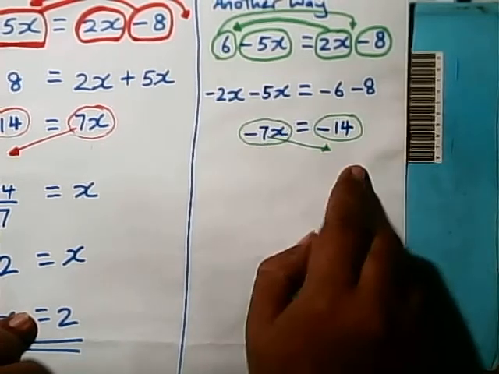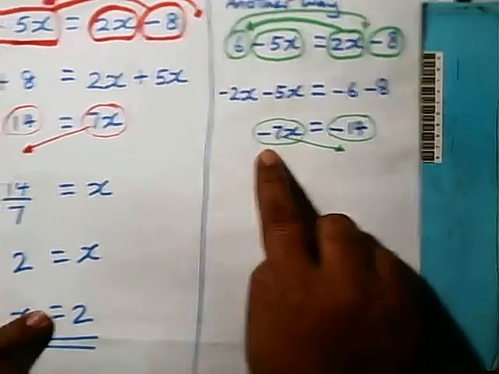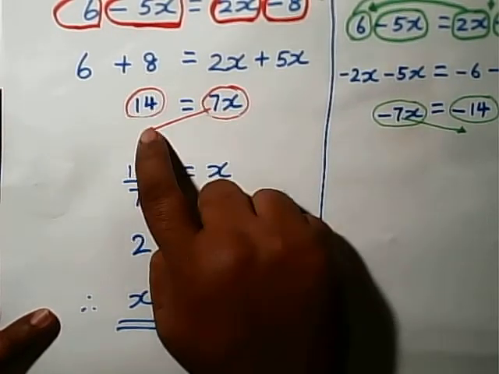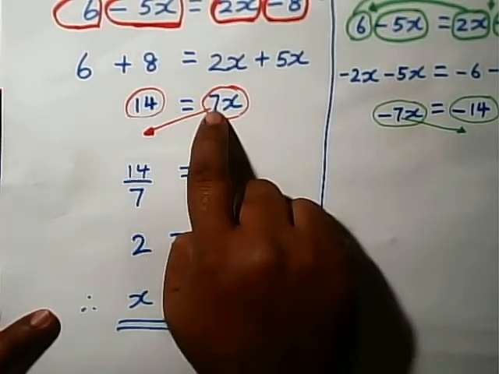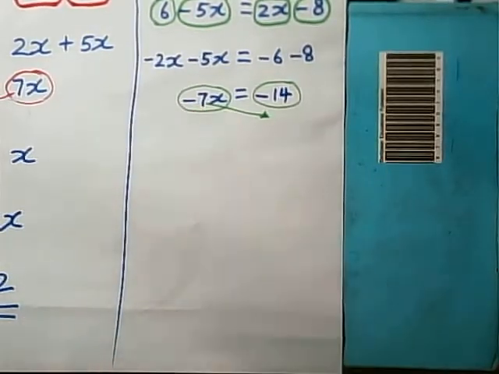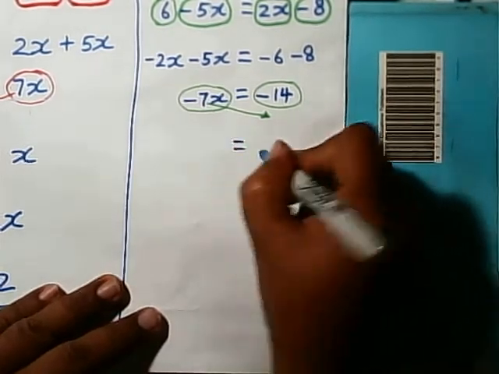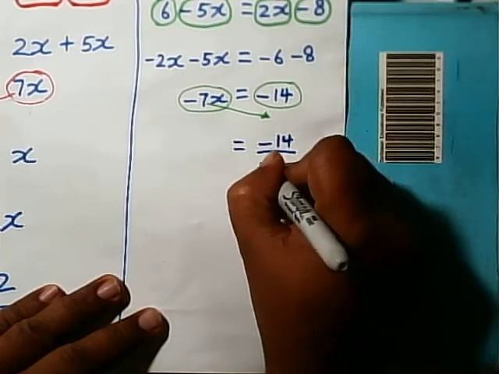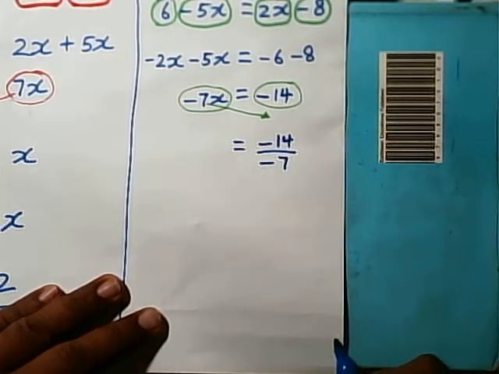Here, when we cross multiply, the sign doesn't change. If the 7 was positive, it remains positive. We never change the sign of the 7. Here, we're going to move the negative 7, and this negative 7 will not change sign. So it will remain a minus 14 on top and a negative 7 underneath.